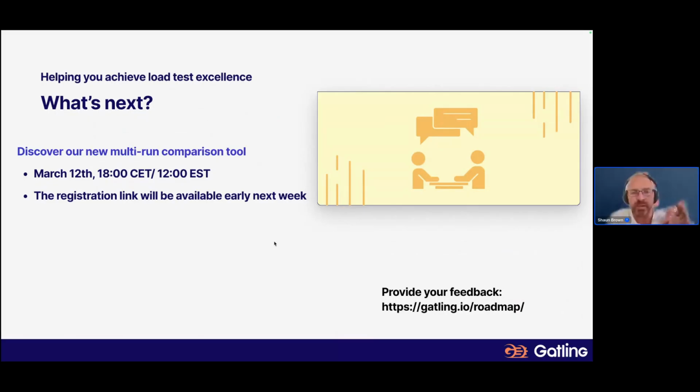In about 2 weeks, we're going to have another webinar to cover our new multi-run comparison tool, which will allow you to compare up to 5 runs from the same simulation at the same time and get really deep into the details of the runs. It also has a really nice high-level view of your recent test results. That's great if you're just trying to see in seconds whether your app performance is improving or getting worse. And we'll cover all that in detail in 2 weeks' time.